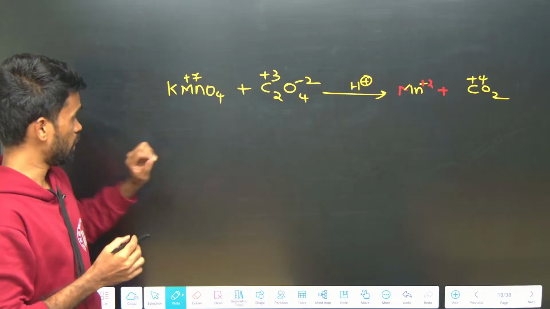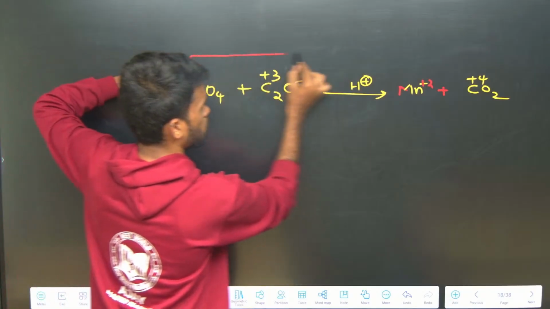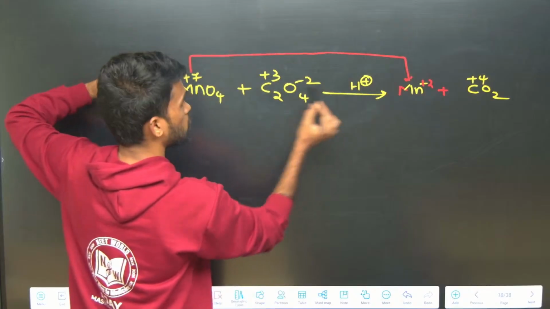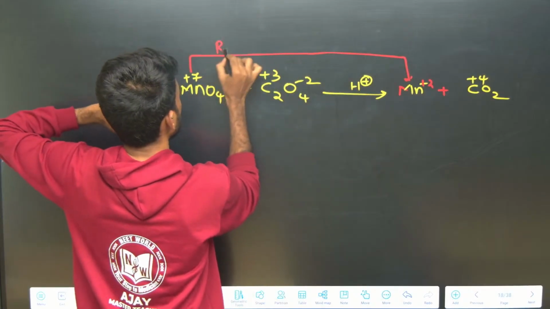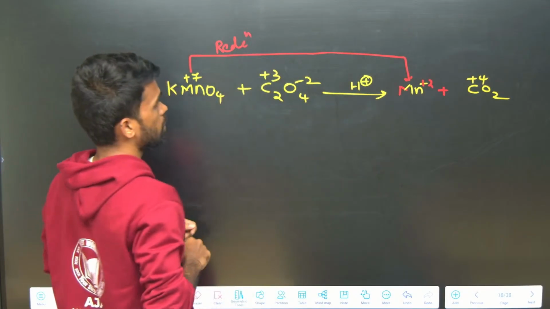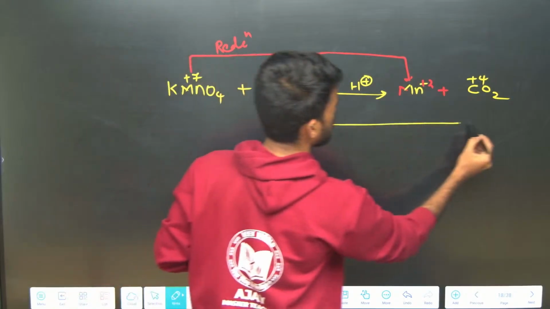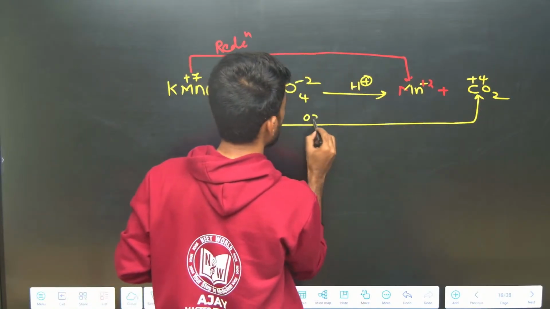Now see, this permanganate ion is converting from plus 7 to plus 2. What is this process? Reduction. And what about here? Carbon is converting from plus 3 to plus 4. This is oxidation.